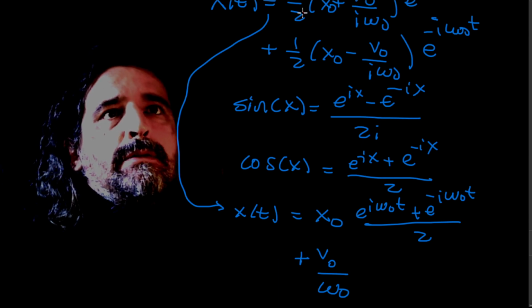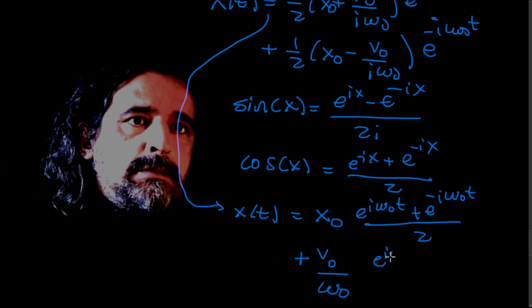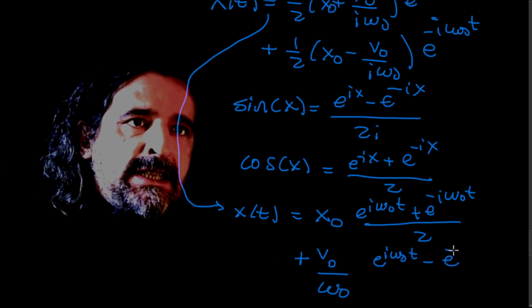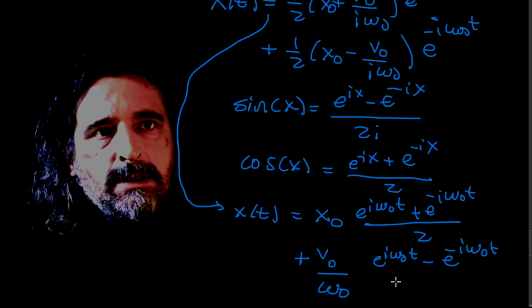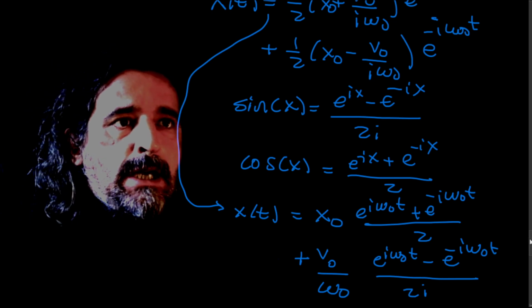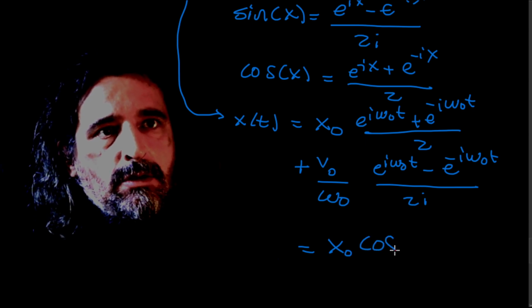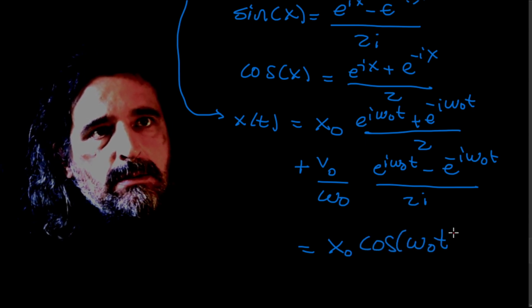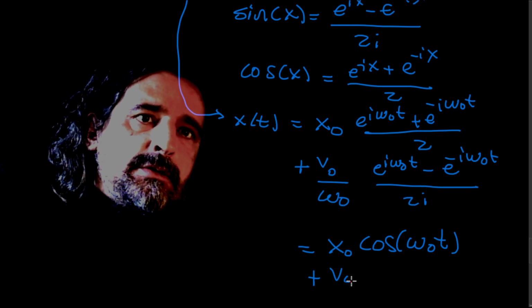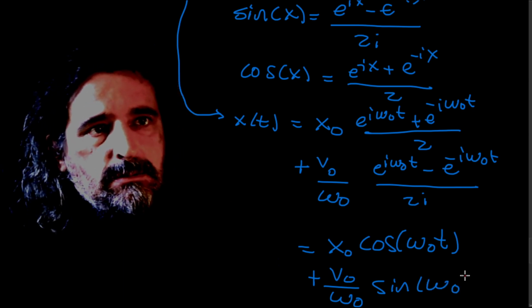And then I have a 2i dividing, and e to the i omega naught t in the numerator minus e to the negative i omega naught t divided by 2i. So now you have that x of t is equal to x naught cos omega naught t plus v naught over omega naught sine omega naught t.